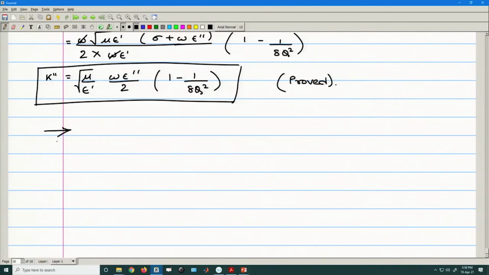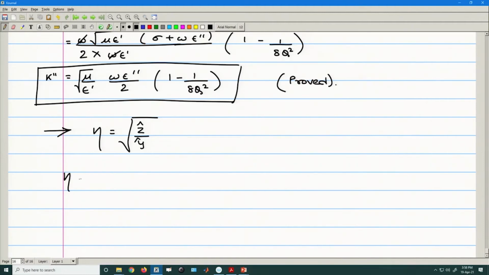For third and fourth we start with eta, which is given by root under z cap upon y cap. Again we will substitute for z cap and y cap and proceed in a similar manner as the previous one. Okay, so let's start this.